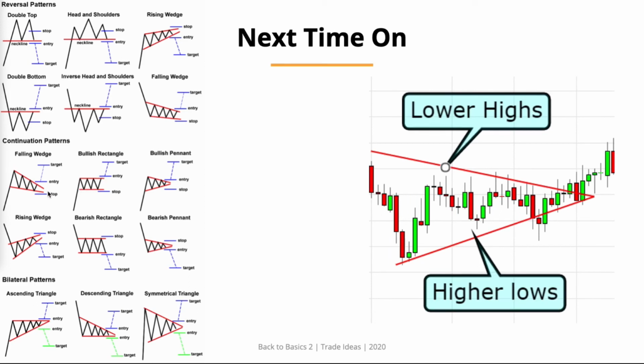Sometimes the price is contracting, and sometimes it's diverging, and sometimes there's a high that it can't break through, like this one on the bottom right, but there are higher lows, right? And all of these things mean different things, and they all have built-in risk reward parameters.